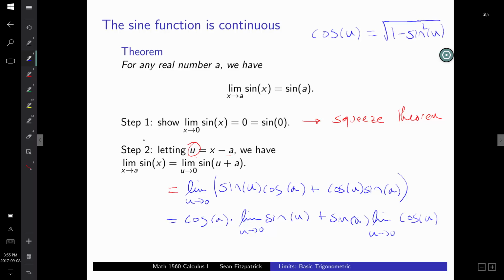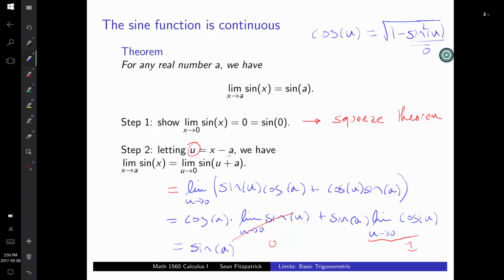If I want to take the limit as u goes to 0 for cos u, you're allowed to bring the limit inside the square root, as you probably found in the textbook. We know that sine squared u is going to go to 0. So as this part goes to 0, I'm just left with the square root of 1, which is just 1. So this term is going to go to 0, this term is going to go to 1, and what does that leave me with? It leaves me with sine of a, which is what we wanted.